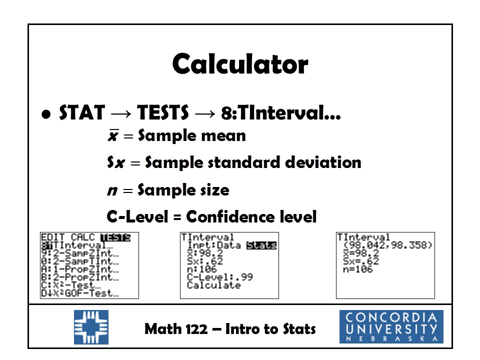So mu is somewhere between those two numbers. Now those two numbers are maybe a little bit different than what we got using the formula, and that's because the calculator uses a more exact value of the critical value than what we used. Below that it also gives x bar, sx, and n. We can simply use those to confirm that we entered the numbers correctly into our calculator.